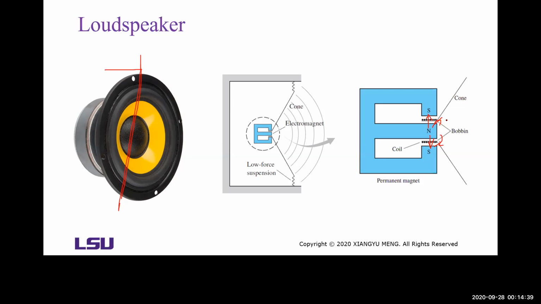Again, in this case, the force will be to the right. You can use the right-hand rule. Thumb is the direction of the current. On the top, it's into the paper, and all the other fingers point to the direction of the magnetic field, which will be to the top.